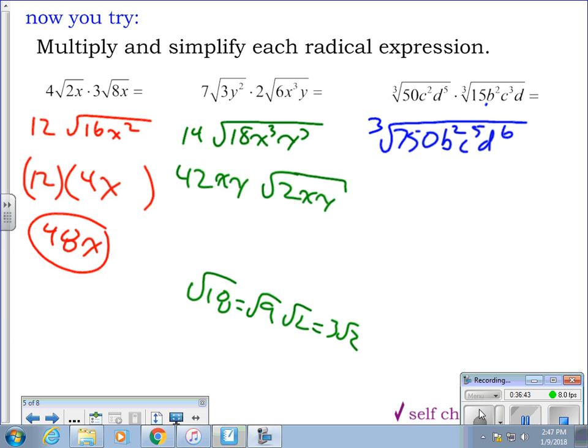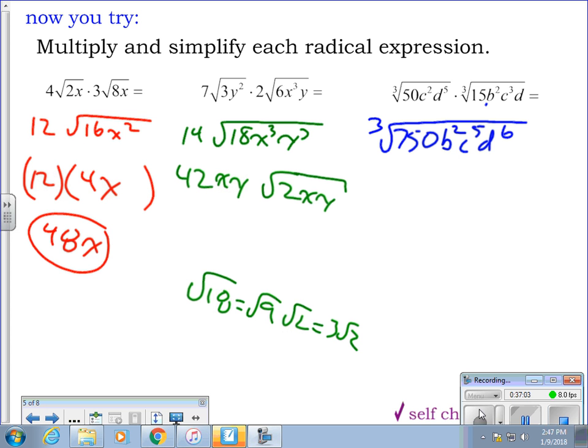Okay, so cube roots. I have to simplify the cube root of 750. So I start thinking about my perfect cubes. Does 125 go into 750? Yeah, 6 times, right?